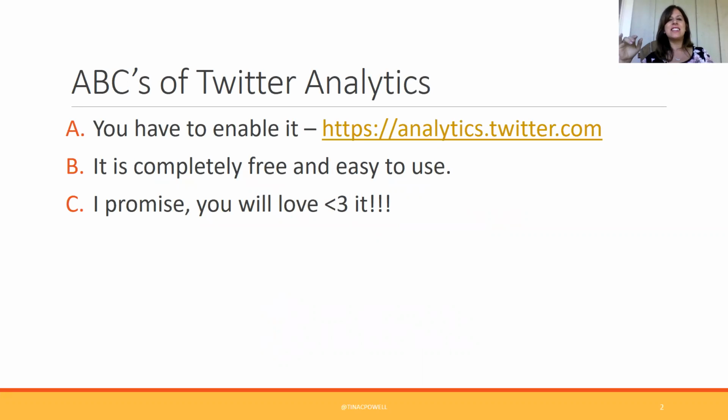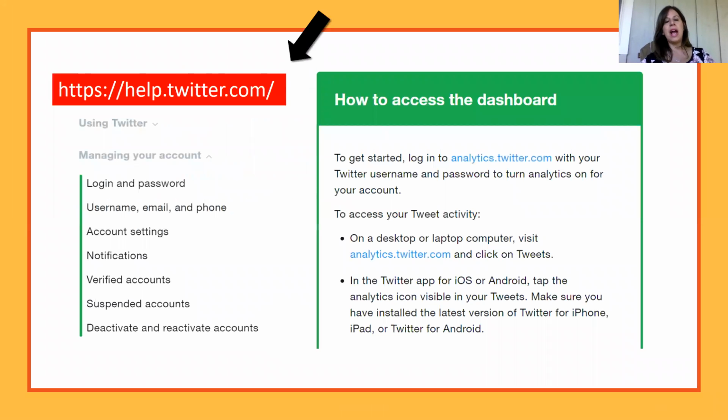You need to have your Twitter username and your password, which brings me to the next part. B, it is completely free and easy to use. That's another reason that you have to be on this platform. It really is worthwhile, and I'm going to show you why. And number 3, again, that's C, I promise that you will love it. So let's get into it, and I'll show you a little bit how.